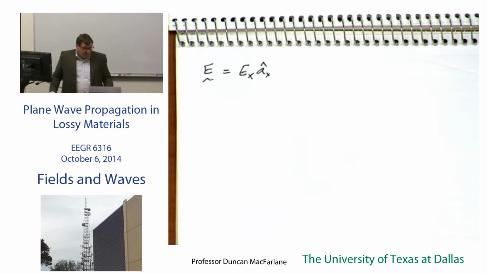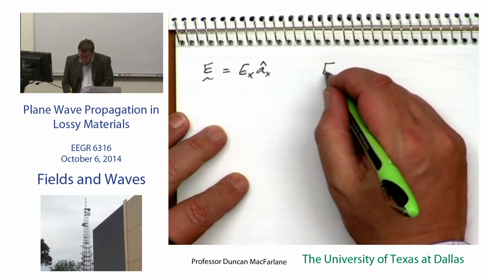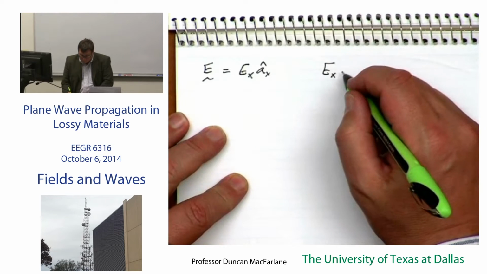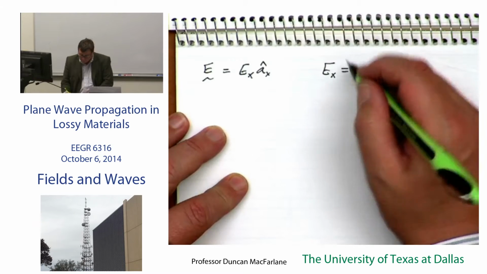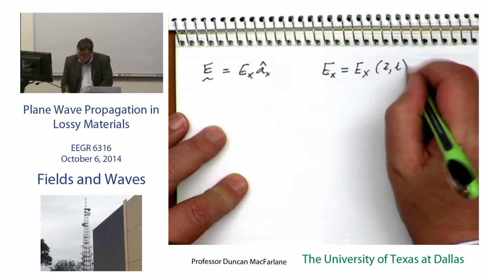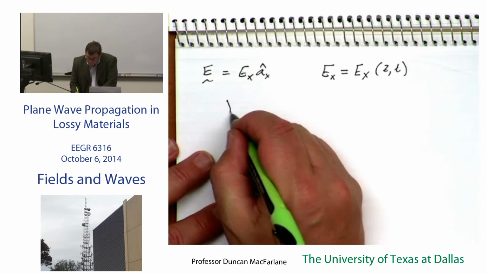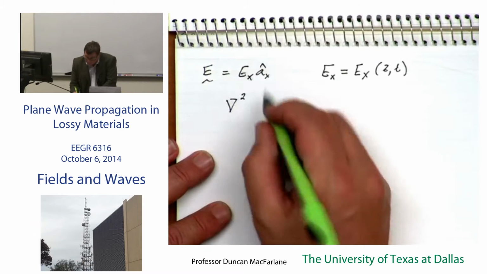So if E is equal to E x-hat of x, and if I'm going to look for the same plane wave solution that I had before, then I have a scalar wave equation.